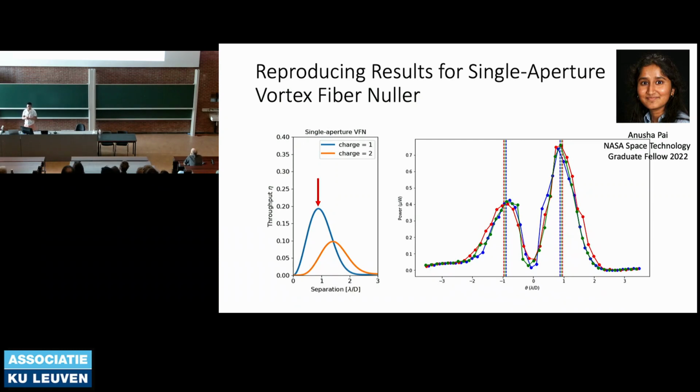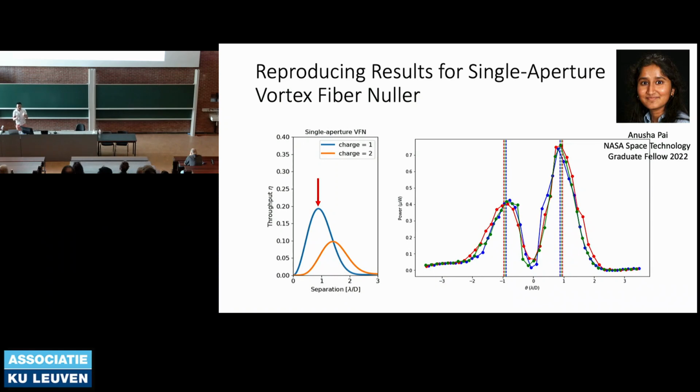What is important is that the throughput reaches its highest at about 1 lambda over D. On the right-hand side is our lab result showing the throughput as a function of angular separation. On both sides, the throughput is highest around 1 lambda over D, which is the same as predicted by theory.